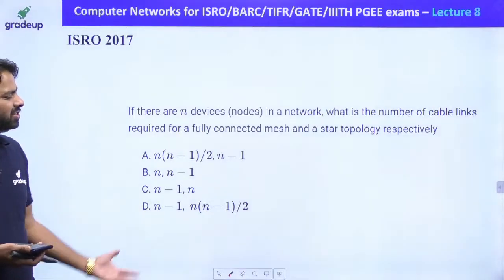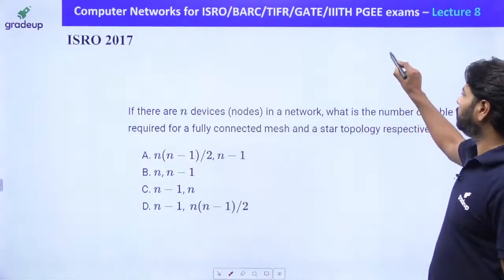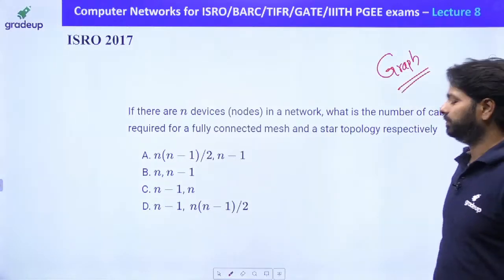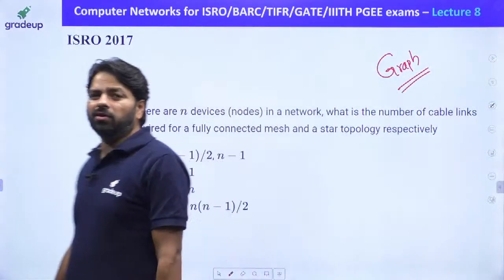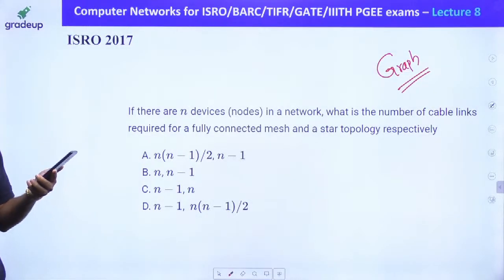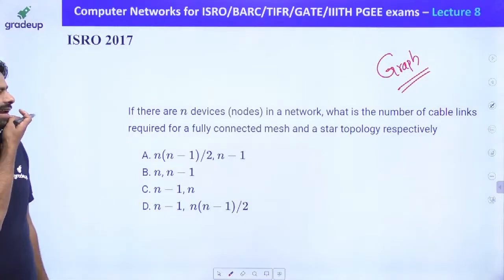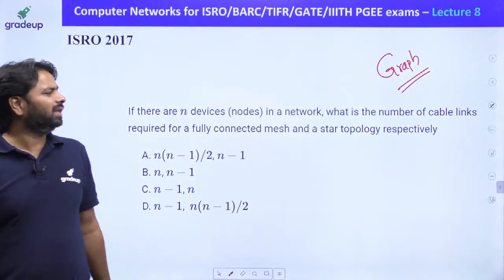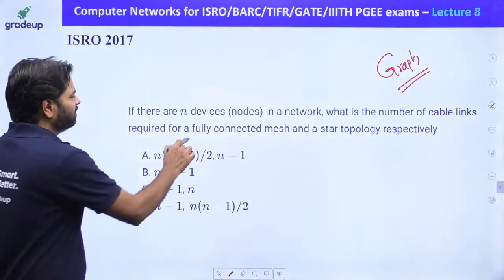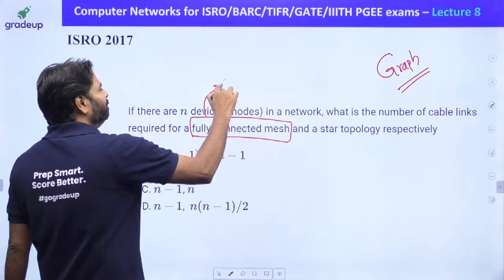Yeah, very interesting question. This depends on graph concept. Those people who know about the graph can easily understand this question. The graph theory concept in computer networks, guys. If there are n devices in a network, what is the number of links required for a fully connected mesh? Fully connected, just like a complete graph.